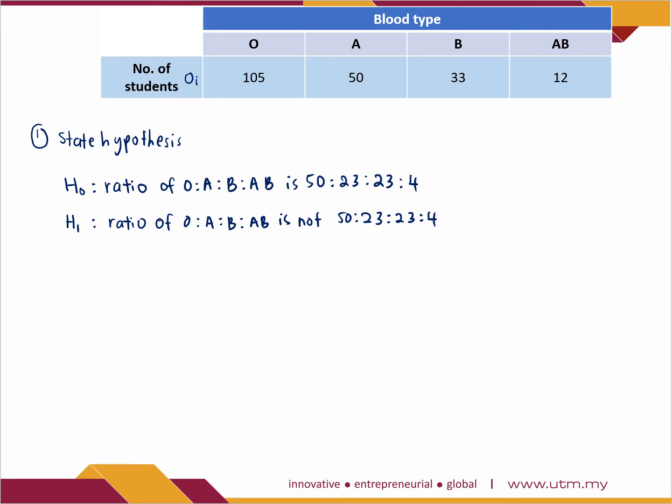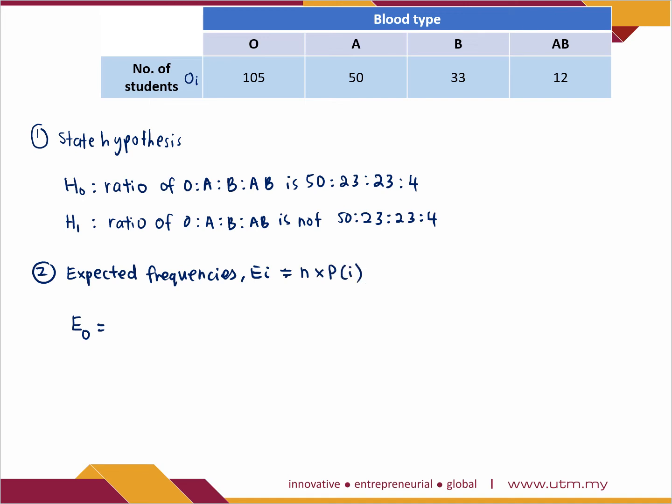Now we have stated our hypothesis. Then we want to find the expected frequencies, which is Ei. So if H0 is correct, we would expect the number of students with the relevant blood group, for the first one, group O, to be, remember the formula for the expected frequencies equals n times the probability for that category.